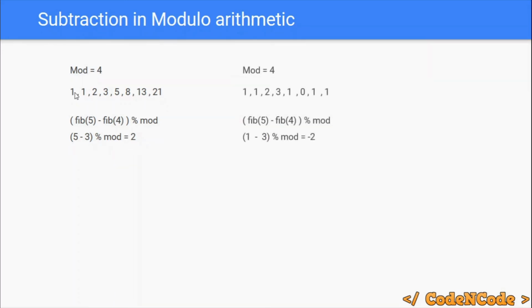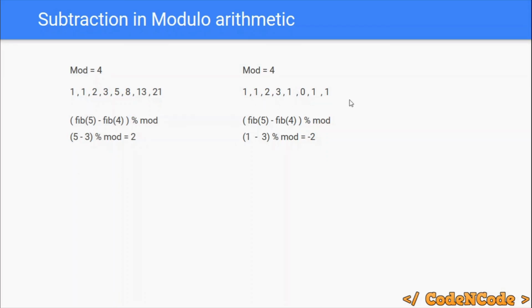But if we write the Fibonacci numbers modulo 4 already, 1 modulo 4 is 1, 1 modulo 4 is 1, 1 plus 1 is 2, 2 modulo 4 is 2, 2 plus 1 is 3, 3 modulo 4 is 3, and 2 and 3 is 5, 5 modulo 4 is 1, and 3 plus 1 is 4, 4 modulo 4 is 0, and so on.